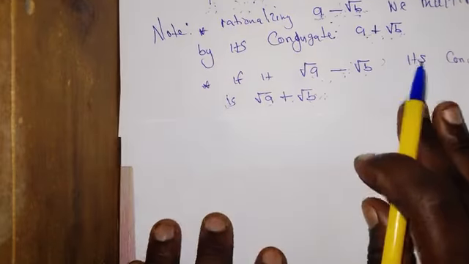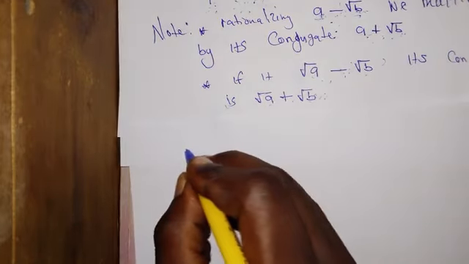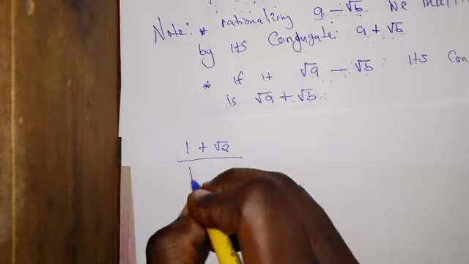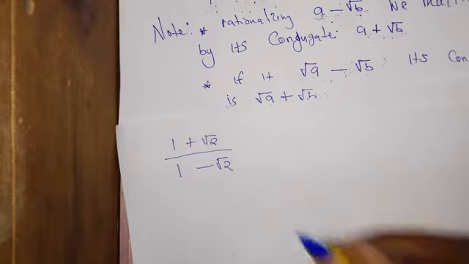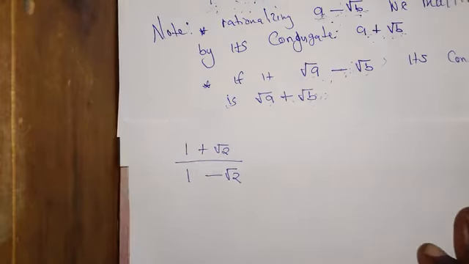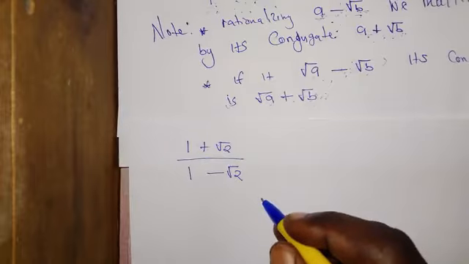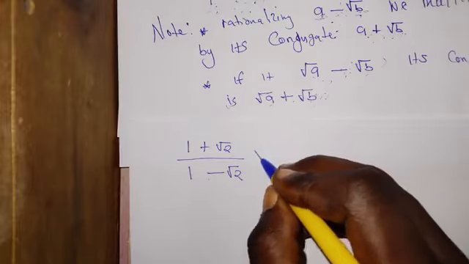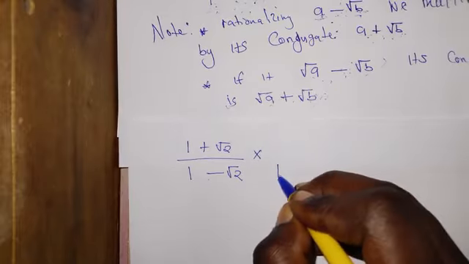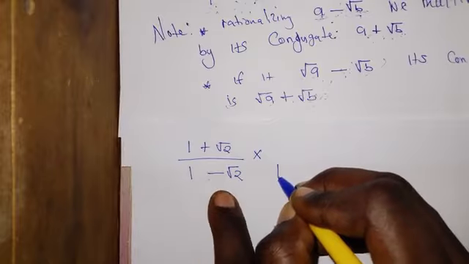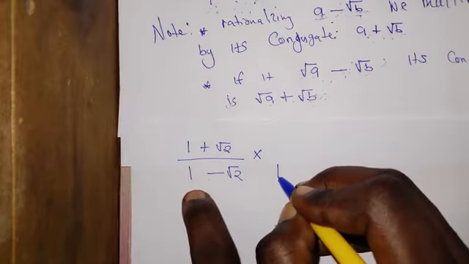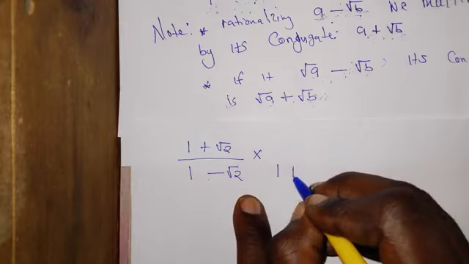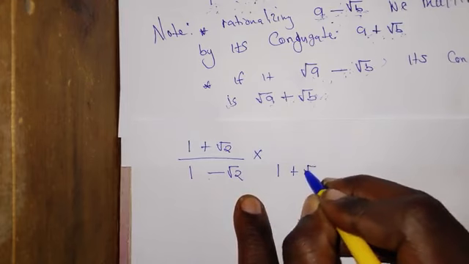So, let me rewrite the question. The question says 1 plus root 2 over 1 minus root 2. So what do we do? We're going to multiply through by the conjugate of this. What is the conjugate of 1 minus root 2?